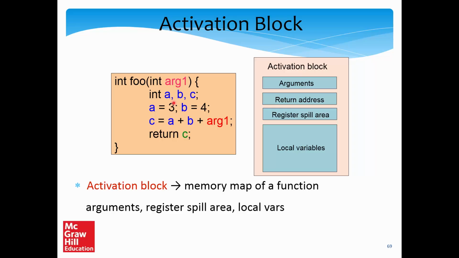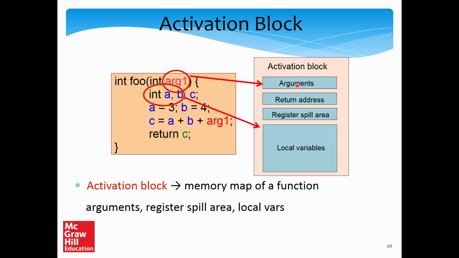In the activation block, there are a couple of things that we need to save. The first is the argument. The argument will get saved in the argument section inside the activation block, which is essentially a region of memory, and we are dividing the region into multiple sub-regions.